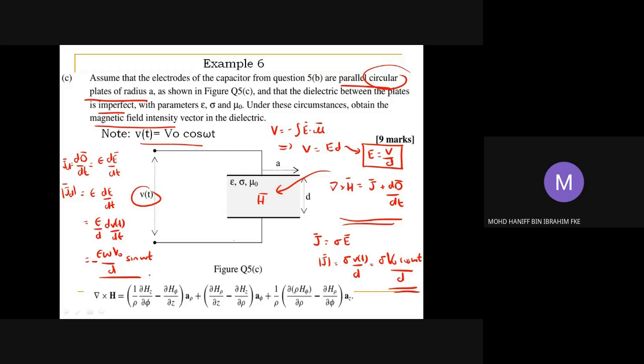If you proceed with this, I'm referring to this new slide, curl of H shall be equal to, we go back to the equation here, JC plus JD. I just considered magnitude just now for the right hand side.